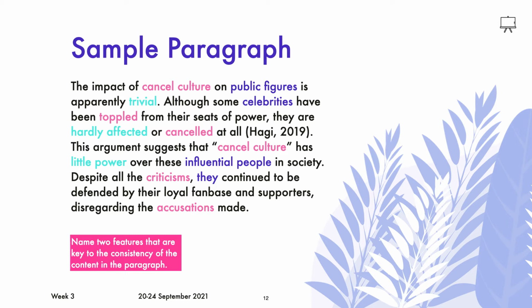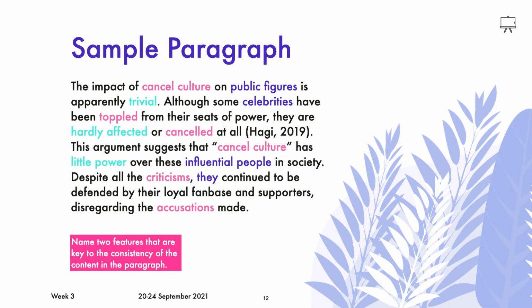Okay, so aside from that, can you tell me a couple of features that are key to the cohesion or cohesiveness or consistency of the content in the paragraph? So you may want to look at this paragraph again, and I have highlighted some keywords.